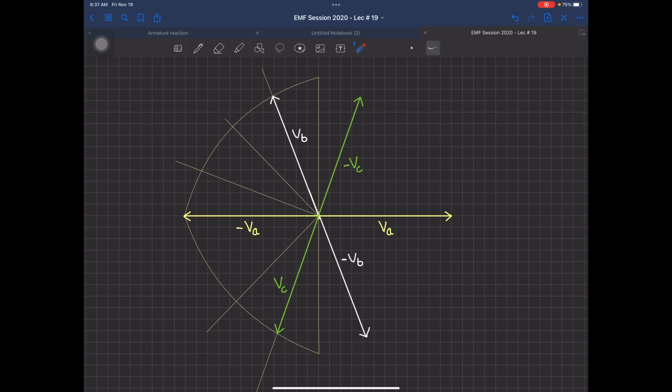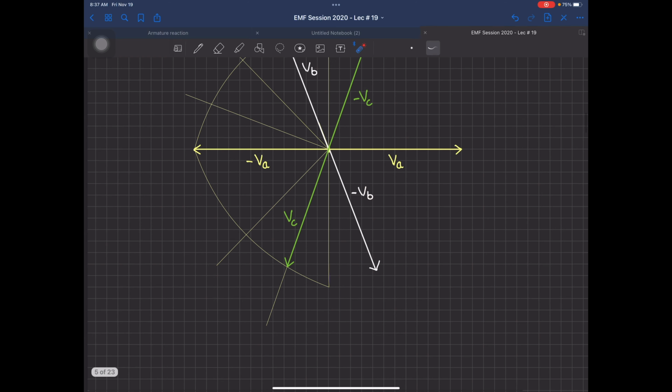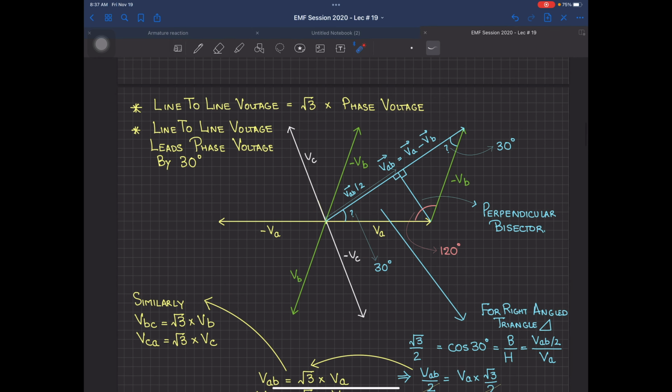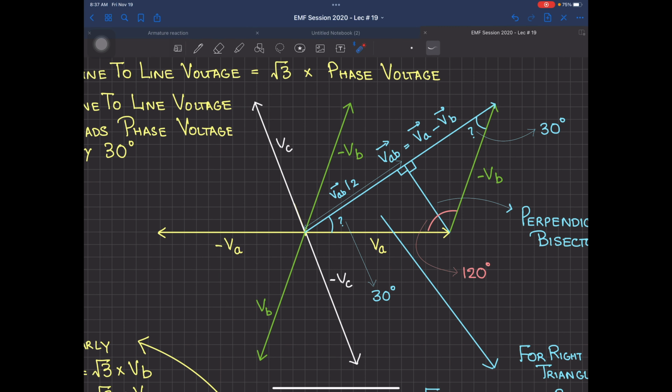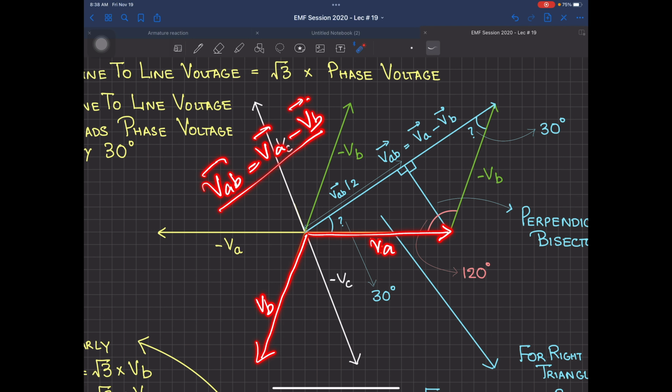Now taking this VA, VB and VC, if you see this diagram very closely, this is VA and this is VB. I want to find out VAB, which will be equal to VA minus VB, all phasors.